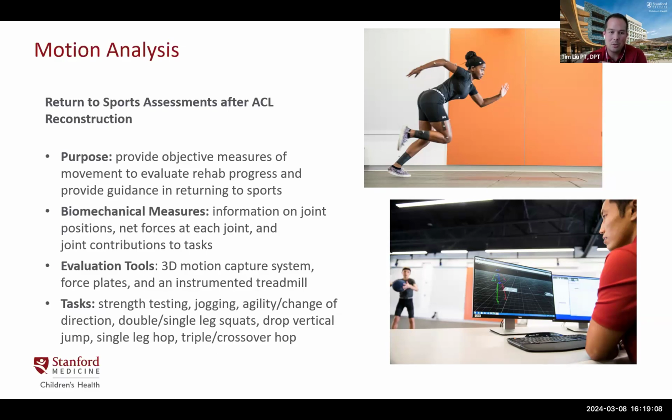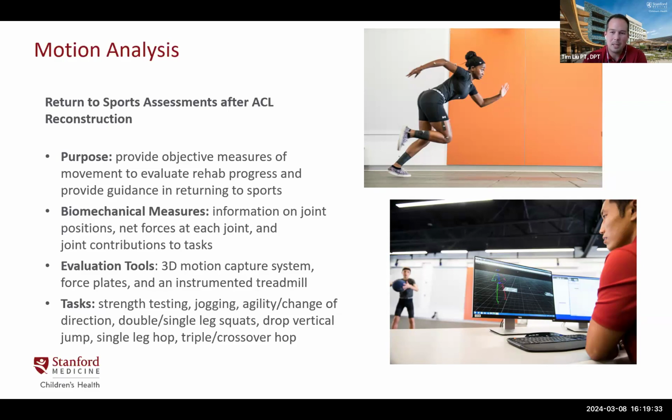So the biomechanics really looks at, how is this individual moving in space? How are they bending their knees and hips and feet and ankles and other joints? How are they moving around during these certain tasks? And we can look very detailed from one side to the other. And we can also look at forces when we have individuals do things on the force plates. How are the forces going through their legs, and how are they able to operate through these tasks with those forces in mind?